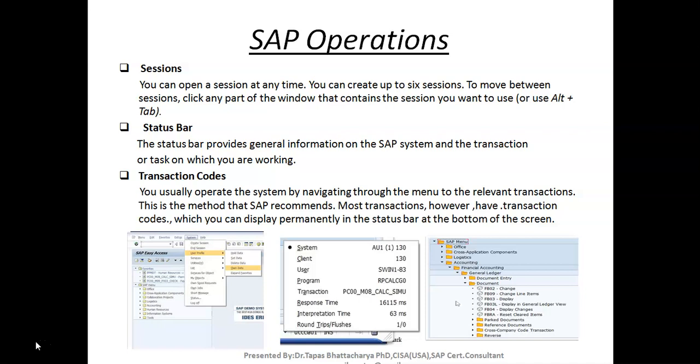You can invoke the status bar information so that you can see which transaction you are working on, who the user is, and which client you are working in. The screenshot below shows that, for your understanding.